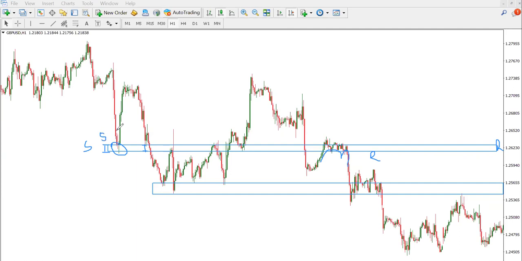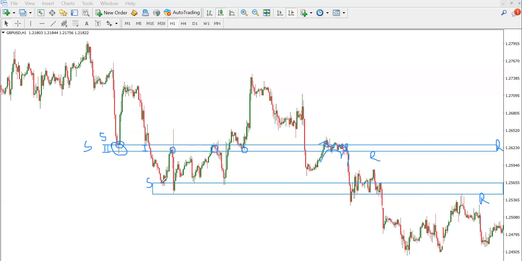So what I mean by the touches, so it's come to this area once, twice, 3 times, 4th time, 5th, 6th. So on many occasions, price has reacted to this level, which makes it a more significant area of support or resistance. If you look below, price is supported here, and then it turns into resistance there.